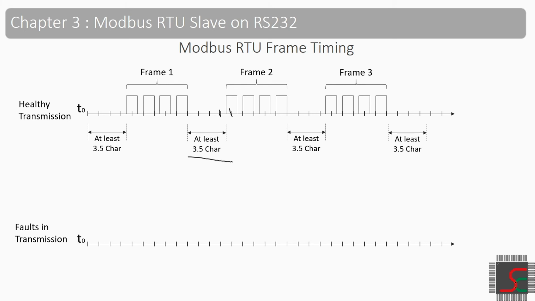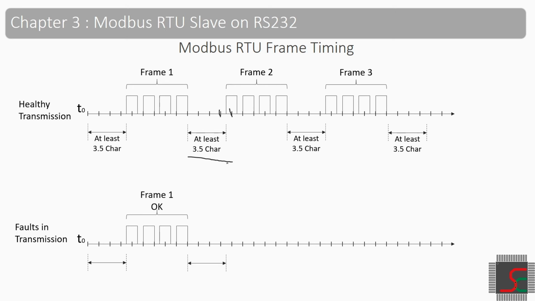We will understand these two timers in the next slides. The intercharacter timeout should be less than or equal to T1, 1.5 character times, and is generally set as T1.5. When an intercharacter timeout occurs while receiving a Modbus frame on the slave device, it should discard that frame.